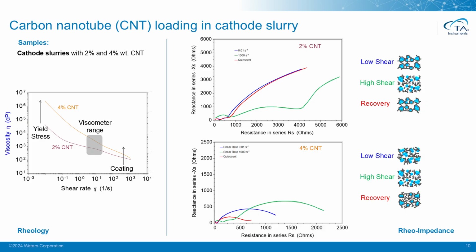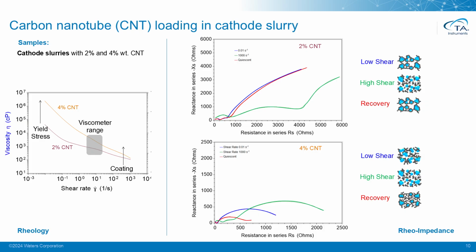So this also means, for example, if we would just have made static dielectric measurements of the slurry right after mixing, in the case of the 2% CNT nanotubes, this might have given us the right indication. So that would also have shown us the behavior of the sample after the coating.